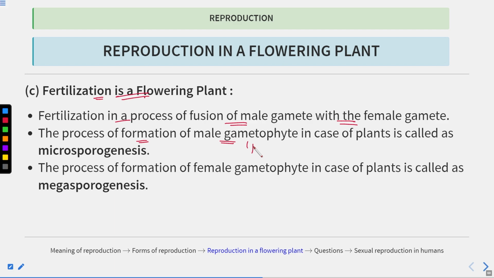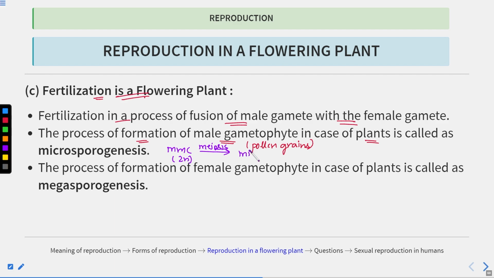What is the male gametophyte in the case of a plant? Pollen grains are known as the male gametophytes. So the formation of the male gametophyte, meaning the pollen grain, in the case of a plant is known as microsporogenesis. I've told you this briefly in the previous lecture. Initially, we have the microspore mother cells which are diploid. They undergo meiosis, and what is produced?